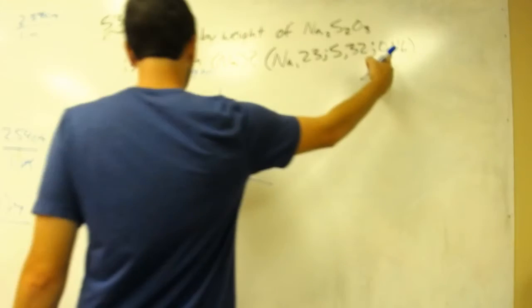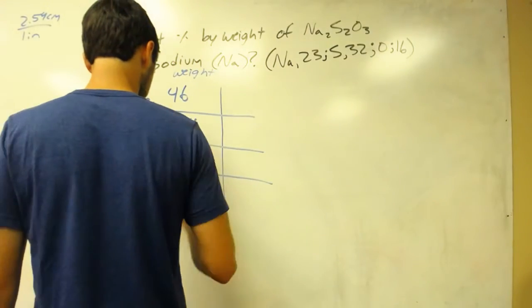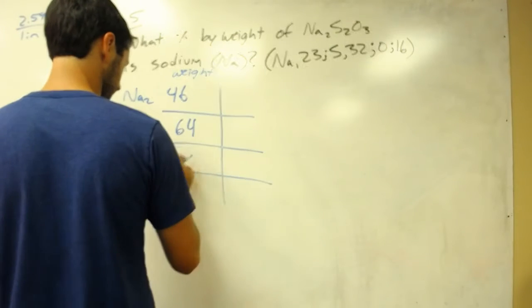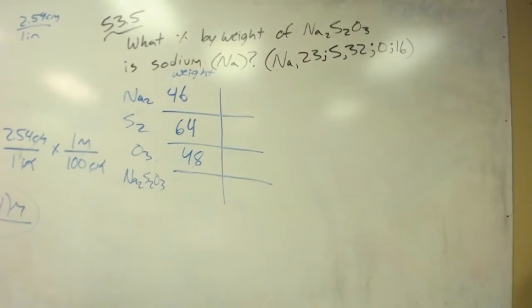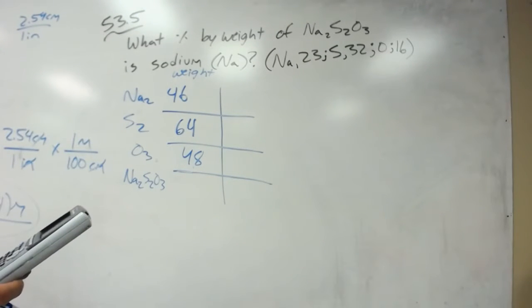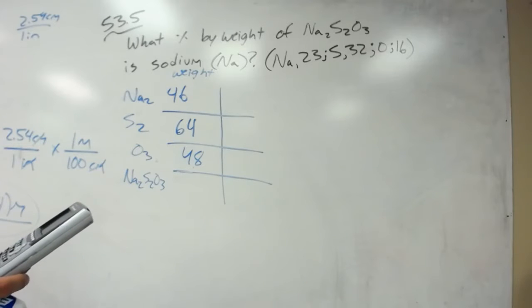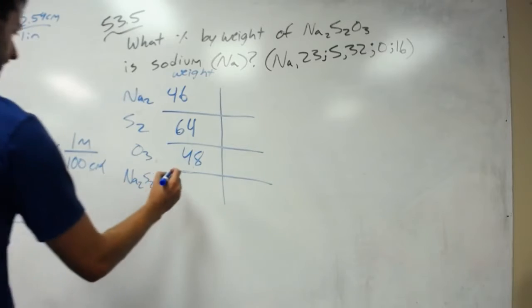O3, 1 oxygen is 16, multiply it by 3 to get 48. Now we add them all together. 46 plus 64 plus 48 is 158.